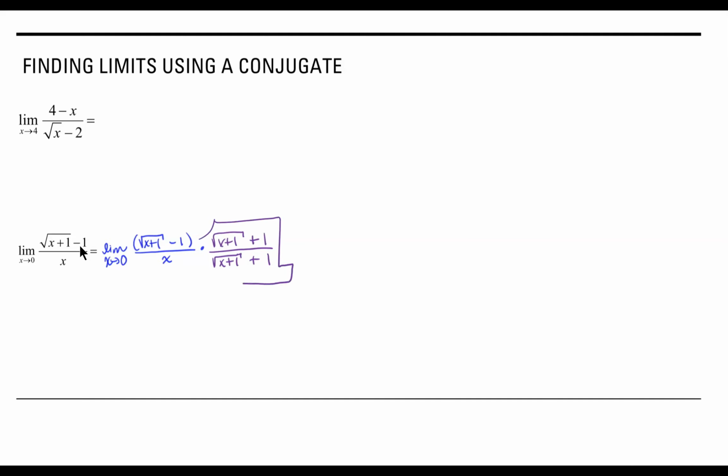And that's our clever number 1 that we're multiplying by in order to resolve this indeterminate form. So when we do that, we end up with the limit as x approaches 0. First, in the numerator we'll have (square root of x plus 1 minus 1) times (square root of x plus 1 plus 1), and in our denominator, we'll have x times (square root of x plus 1 plus 1).